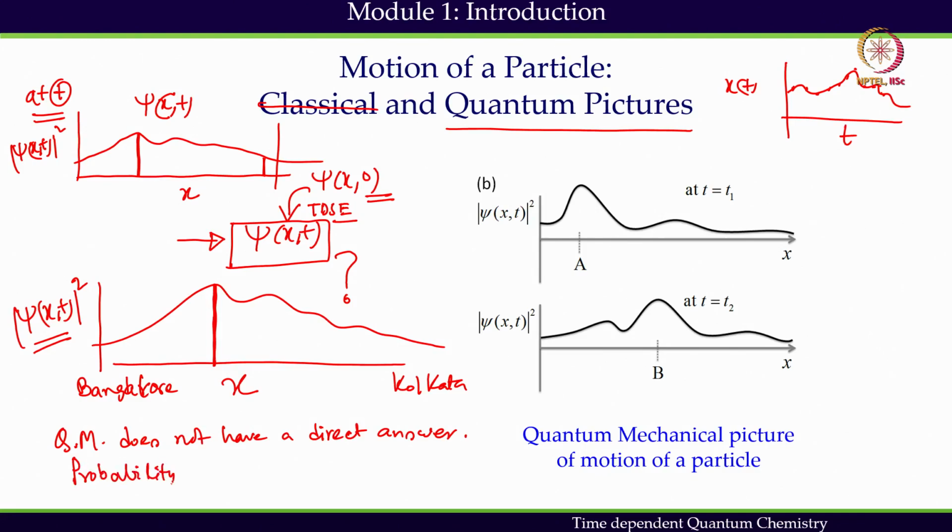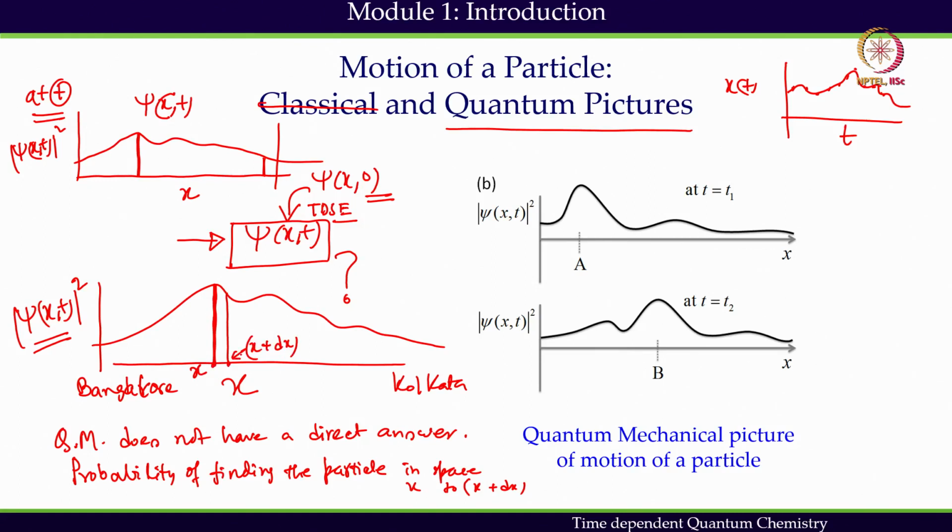And the probability of finding the particle in space x to x plus dx, within this space. So let us say I have x here and this one is x plus dx.